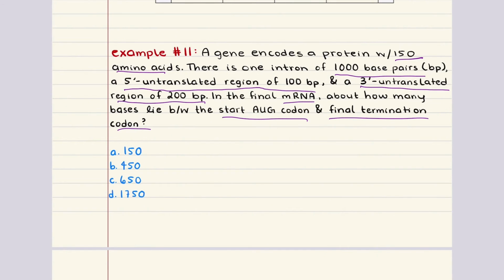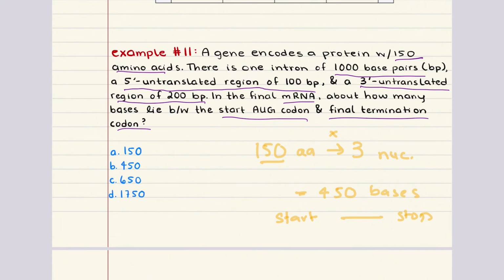We're told that the protein has 150 amino acids. Since each amino acid is coded by a codon that's made of 3 nucleotides, we need to multiply 150 by 3. This gives us 450 bases. Now, it's important to recognize that this question specifically asks about the region between the start codon and the stop codon.